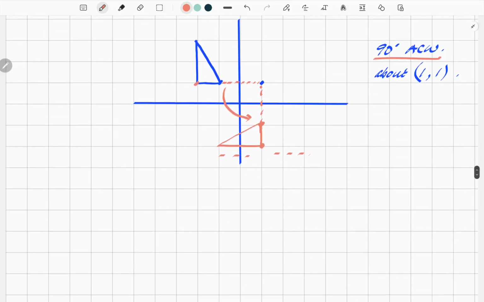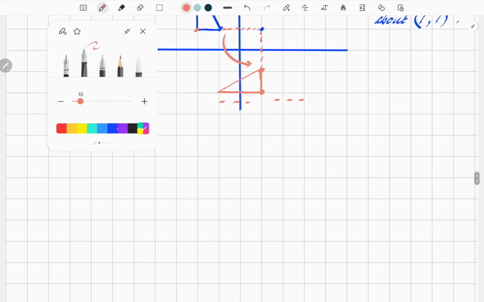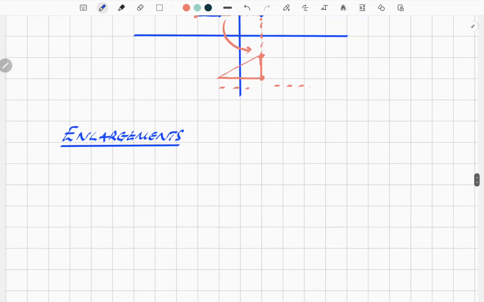All right. Now, the last one. And this one is not as bad as you might think. Enlargements. Enlargements, like the rotations, require 2 or 3 bits of information.